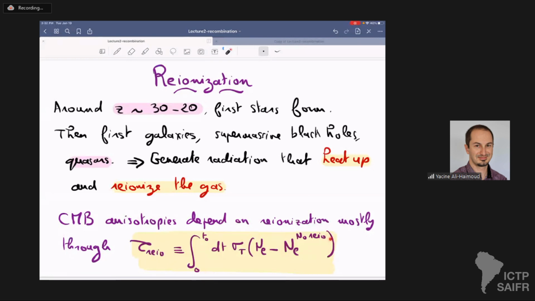This is what I call NE, no reionization. Now, with reionization, we get an additional delta NE, which contributes an additional optical depth. This is what we call tau reionization, and it is measured to be of order 5% or so. You can look up the detailed numbers in the last Planck paper.